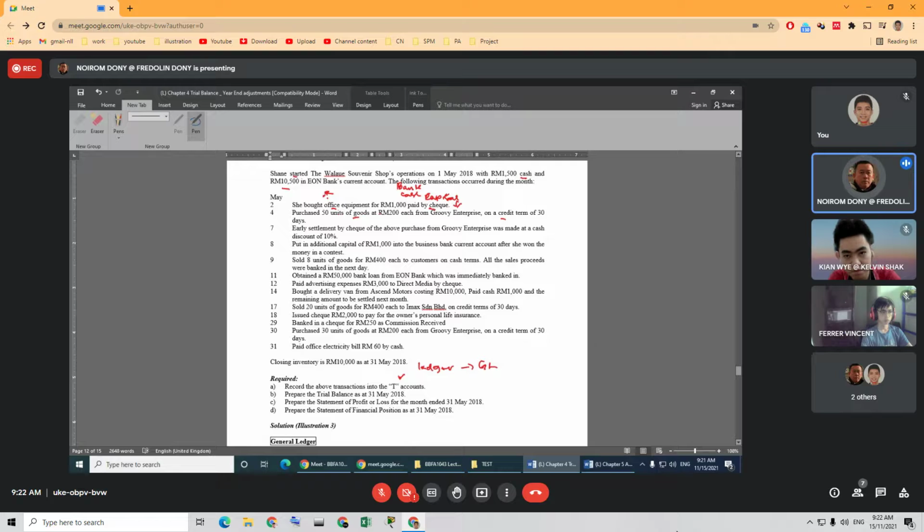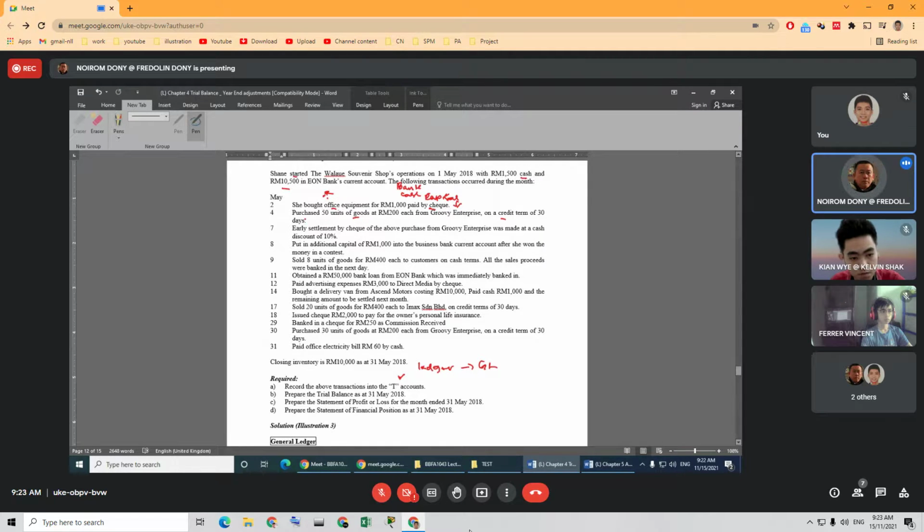So meaning we can assume this is the trading item. So 50 units at 200, so meaning 50 times 200. So 50 times 200, how much? Okay, 50 units times 200, so 10,000, on a credit term of 30 days.